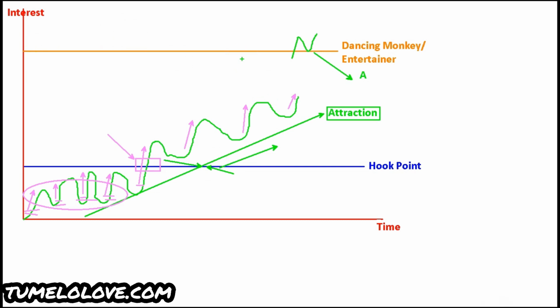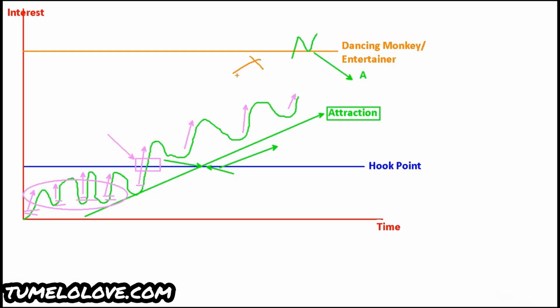You don't have to keep spiking her emotions to the point where you could be seen as a dancing monkey. So you develop spikes in interest that must stay above the hook point, but still enough so that raw attraction can take over, so that you don't have to keep being as interesting.